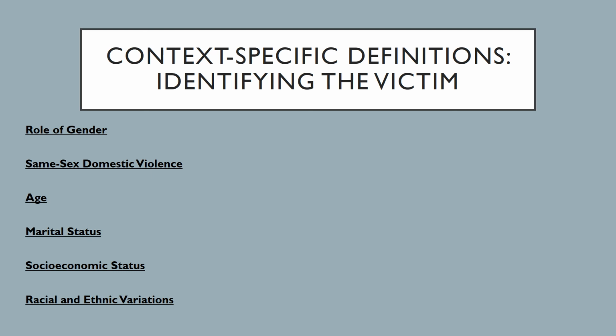Does that all of a sudden change how we immediately identify the victim and the aggressor? And then obviously we also look at cultural variations, which go hand in hand with racial and ethnic differences, as far as the culture that various people were brought up in. What is, quote unquote, the normal behavior for this group versus another group? All these things add extra layers of detail and difficulty when trying to break down domestic violence.